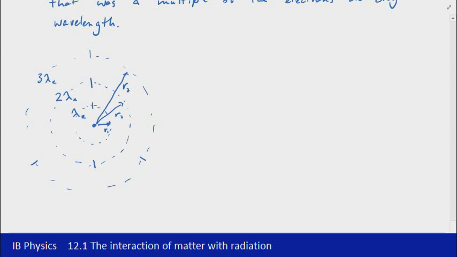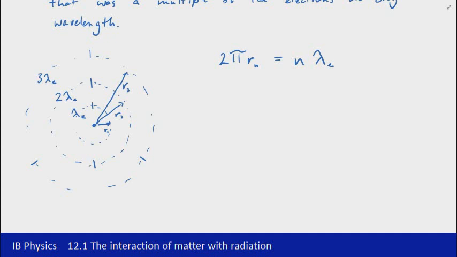Now, if we generalize this, you can see that the circumference of each orbit, 2 pi r n, with n being 1, 2, or 3, is equal to n multiples of the de Broglie wavelength. So when n is equal to 1, 2 pi r is equal to lambda e. When n is equal to 2, 2 pi r2 is equal to 2 times lambda e, and so on and so forth.